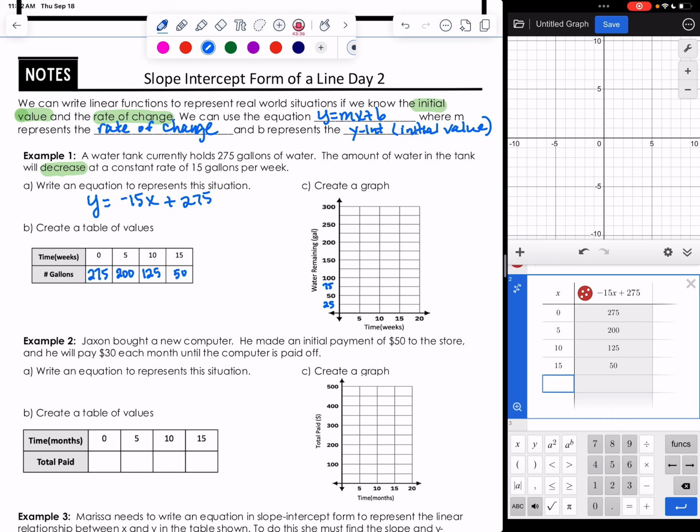So 275 would be right here. And that would be our initial value, 0, 275. And then 5, 200 would be right here. 10, 125 right here. And 15, 50 would be right here. So here is the graph of this situation.